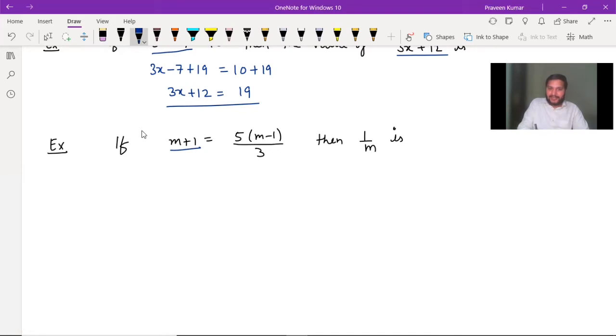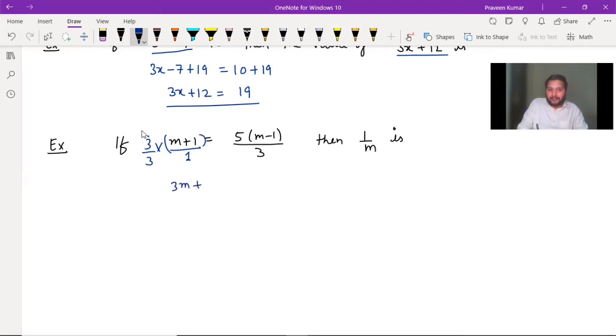Here the denominator is 3, but on the left side there is 1 in the denominator. So can we make the denominator on both sides equal, just by multiplying and dividing the numerator of the left hand side by 3? So we will get 3 times m plus 1. We will use distributivity there.